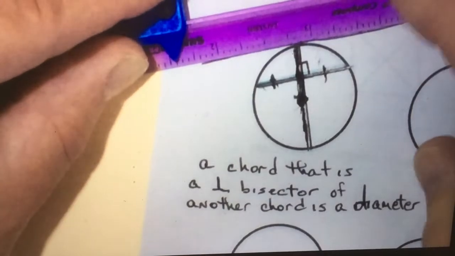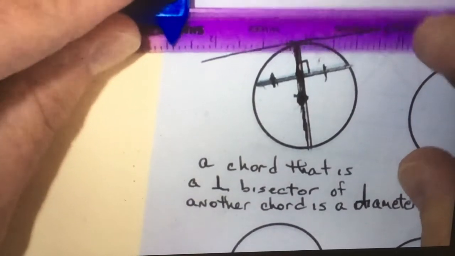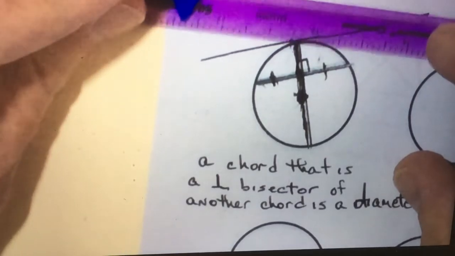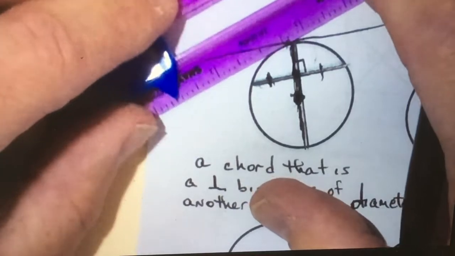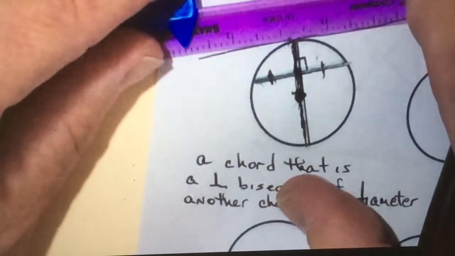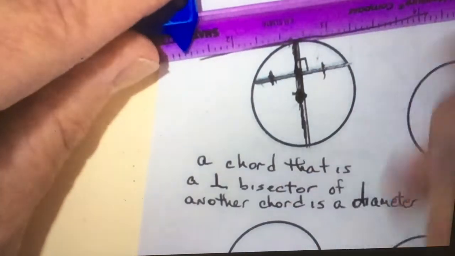And the reason for that is, if it's not 90 degrees, it's going to go through the circle twice. See? So the only way to actually get it to go through the circle once and only once would be to make it be a 90-degree angle.